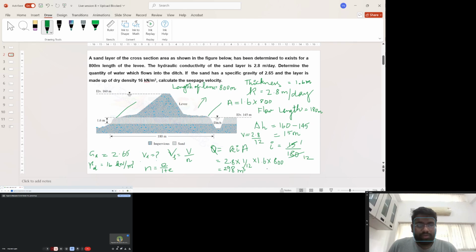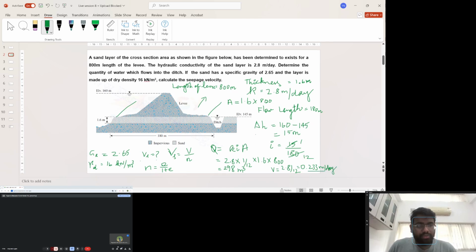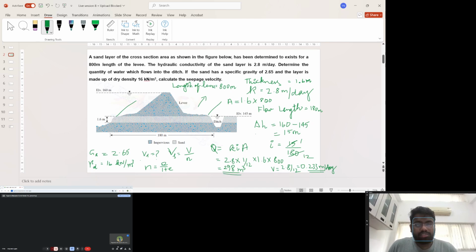Just a minute, I will write like this. So V is 2.8 by 12, which gives us 0.233 meters per day. So this is the discharge velocity and this is the discharge.